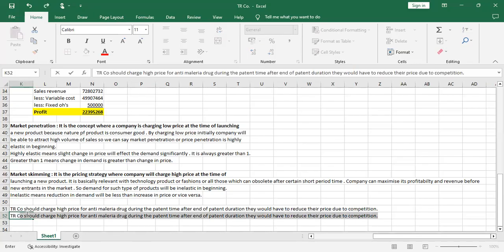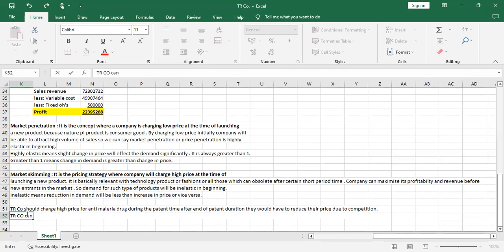TR company can recover its research cost by charging high prices at the beginning or during patent time period.